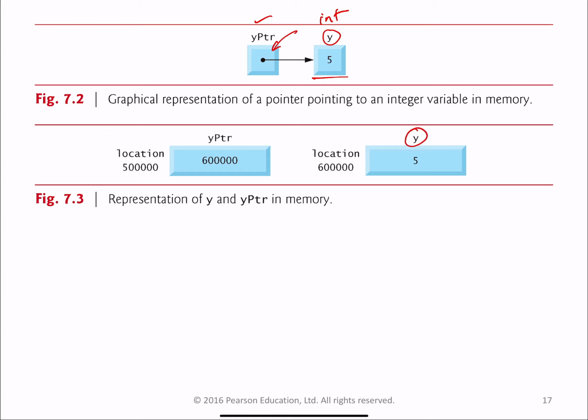Integer y is at location 600,000 and stores the value 5. After we run the last of those three statements, pointer variable y pointer itself, at location 500,000, will have inside it the address of y, 600,000.